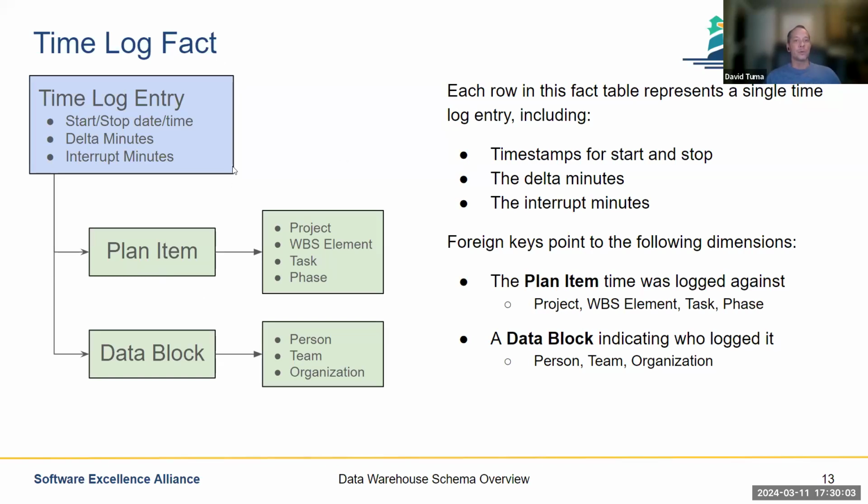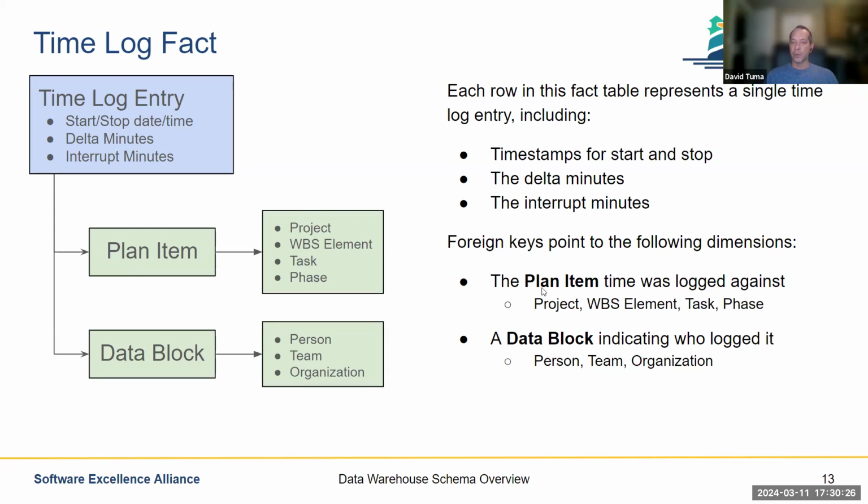Once again, each row in the time log fact table has columns that include stamps for the start time and the stop time of that time log entry. It includes a column to hold the delta minutes, and a column to hold the interrupt minutes.